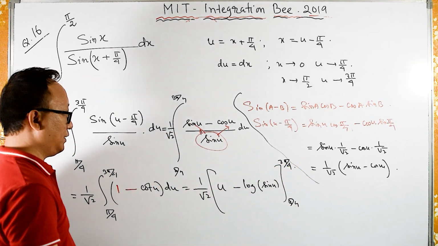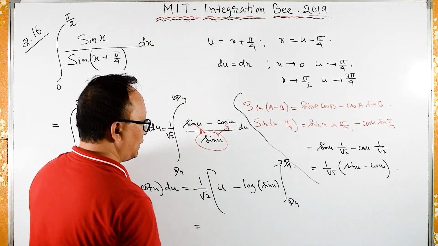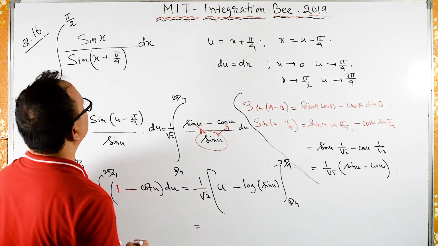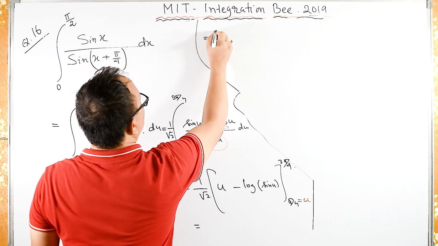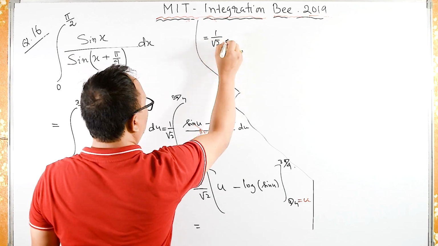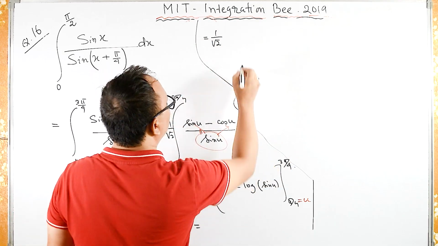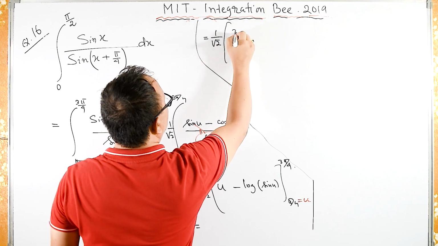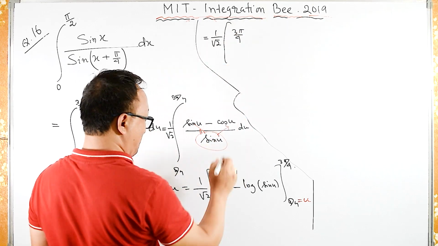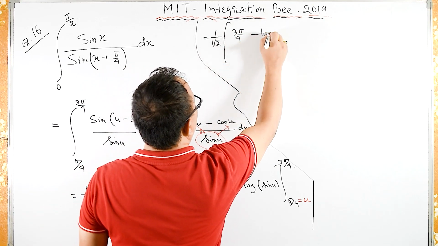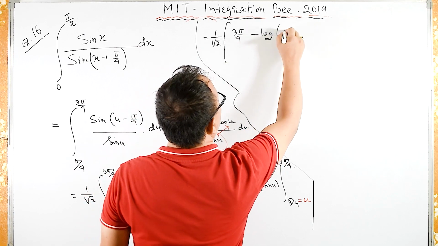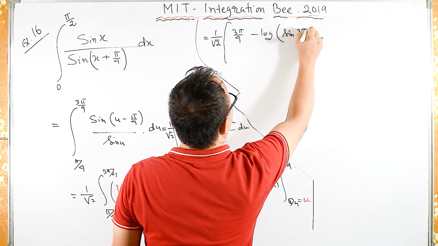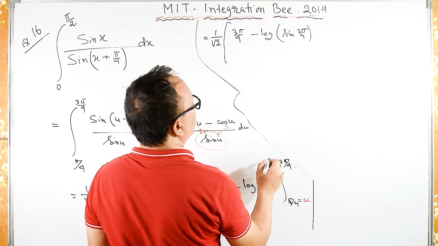So it equals upper limit minus lower limit, 1 by root 2. Upper limit means 3 pi by 4: 3 pi by 4 minus log of sine of 3 pi by 4. This is the upper limit.